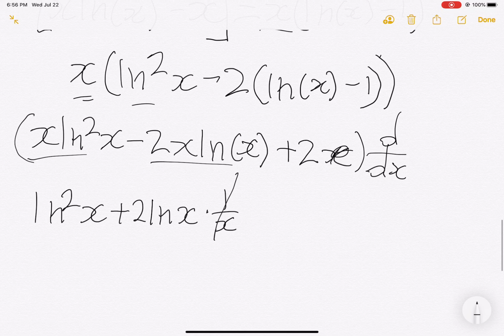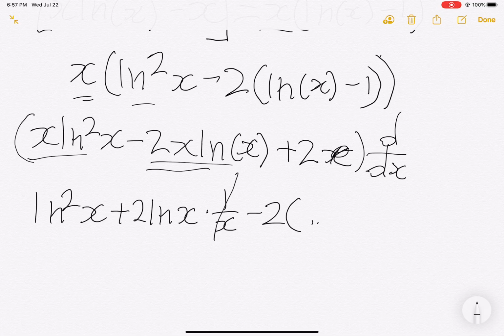Okay, let's just continue. So take the derivative of this. We can take the negative 2 out, and we get minus 2 times, let's see.